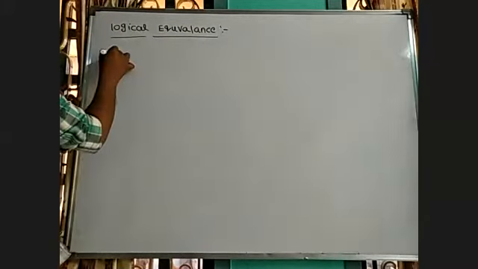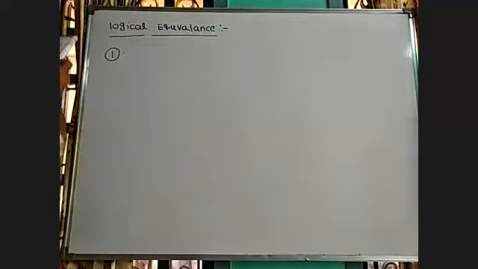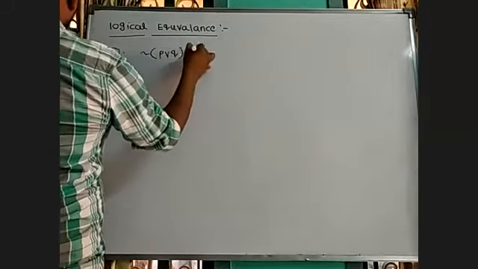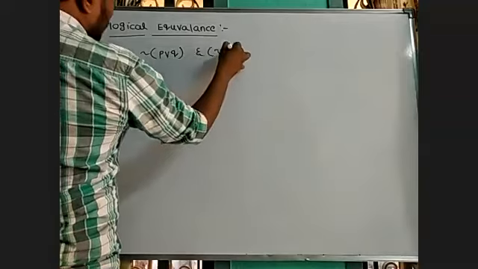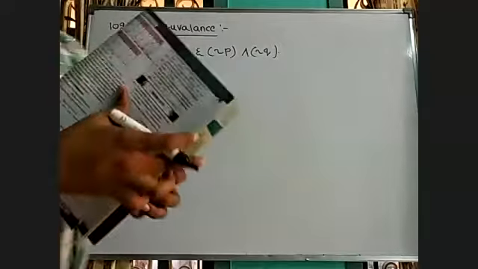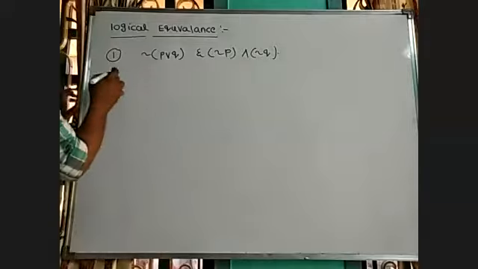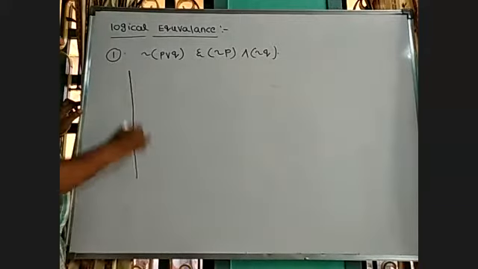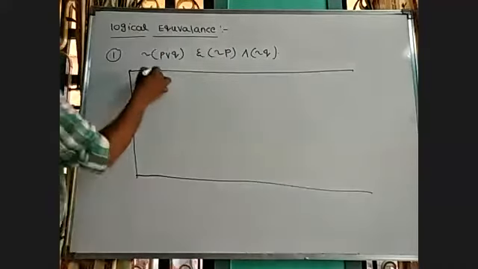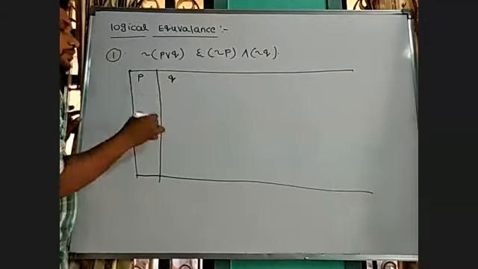First we can find out the logical equivalence for the first question: negation of (P disjunction Q) and negation of P and negation of Q. I am drawing the truth table first for both.